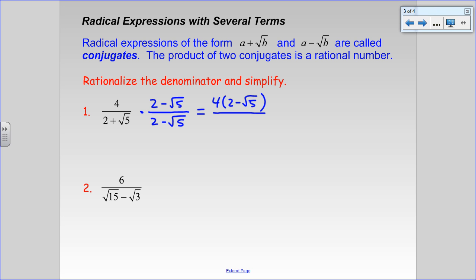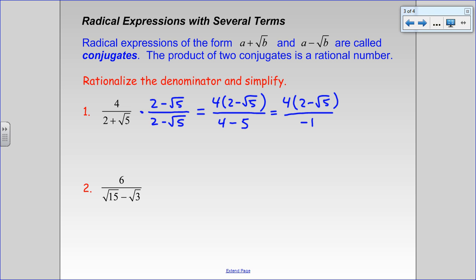In the denominator, we can apply the difference of 2 squares pattern. 2 squared is 4 minus the square root of 5 squared, which is 5. Simplifying the denominator further, we see that our denominator is simply negative 1.